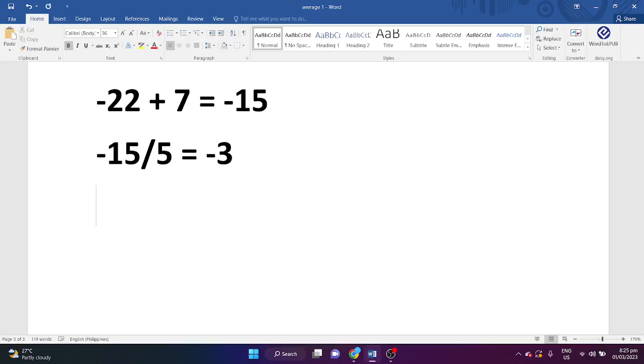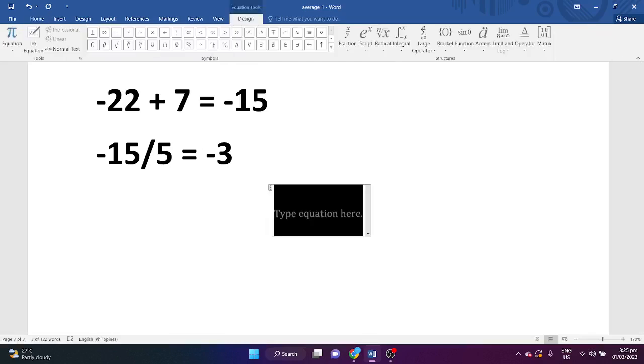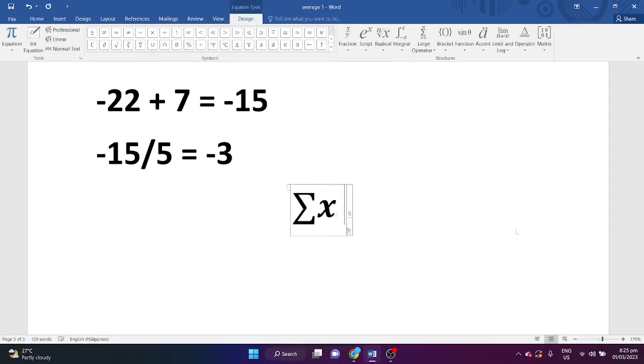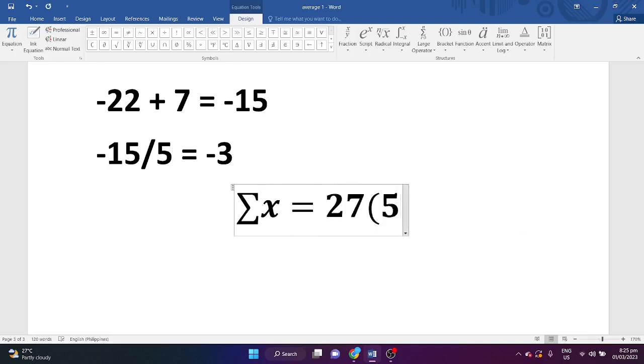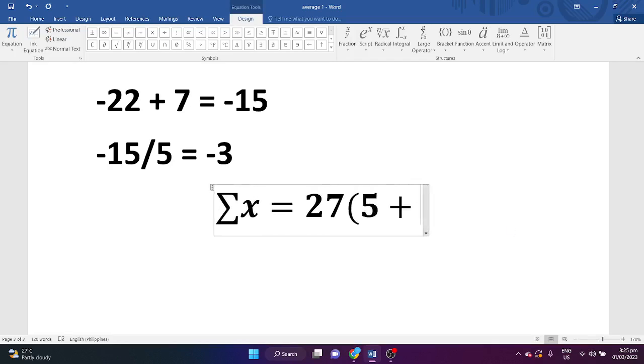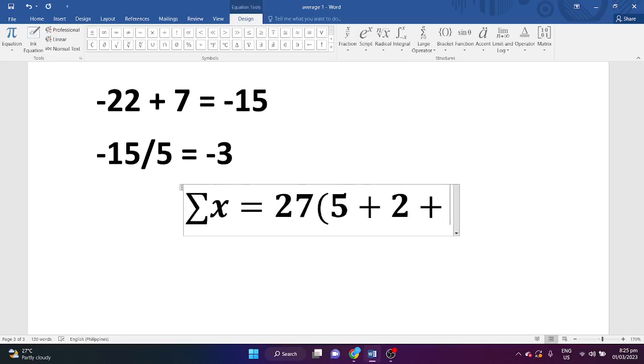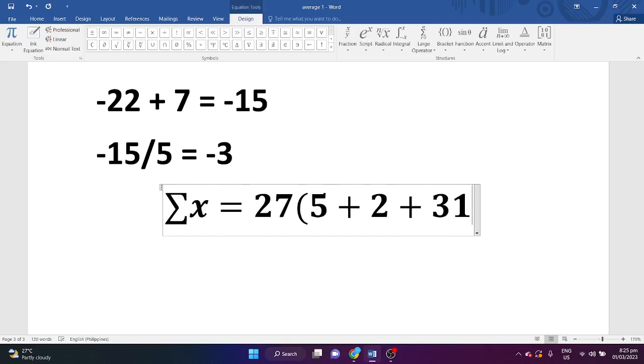We can check by summation of x is equal to 27 times 5 plus 2 plus 31.